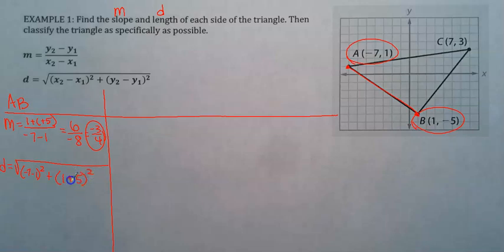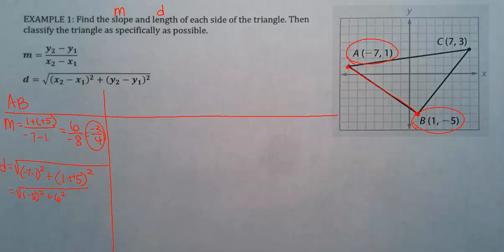Again, this is the same thing as plus a positive. So this equals the square root of -8 squared plus 1 plus 5, which is 6, squared. You might notice that those are the same numbers as we got up here, just in a different order.